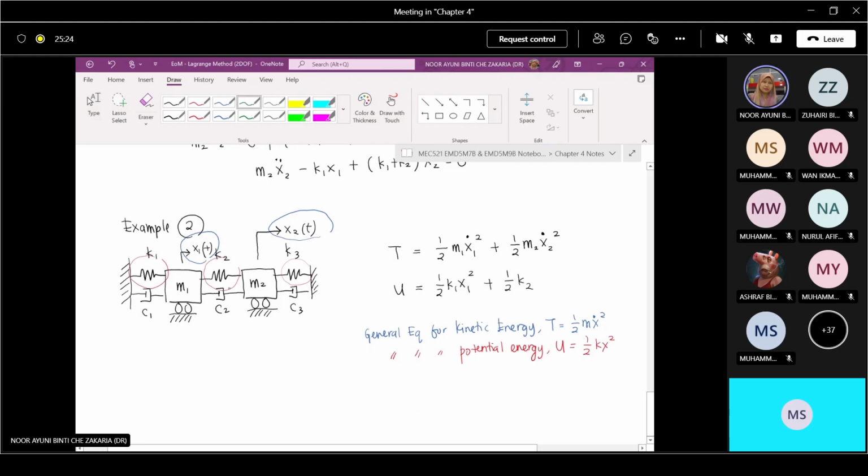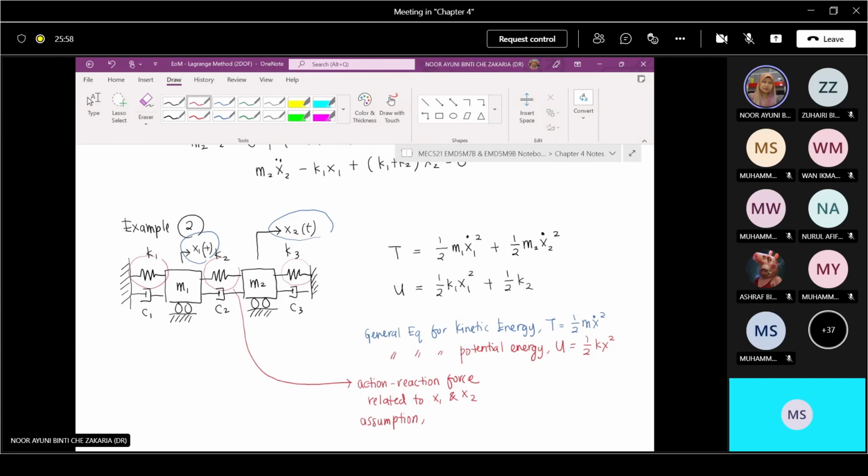There is a relation between x1 and x2, an action reaction force related to x1 and x2. Therefore you still need to make an assumption: which one is bigger than the other?